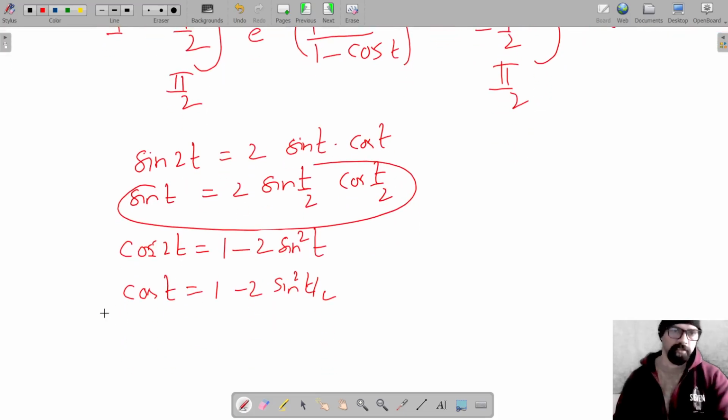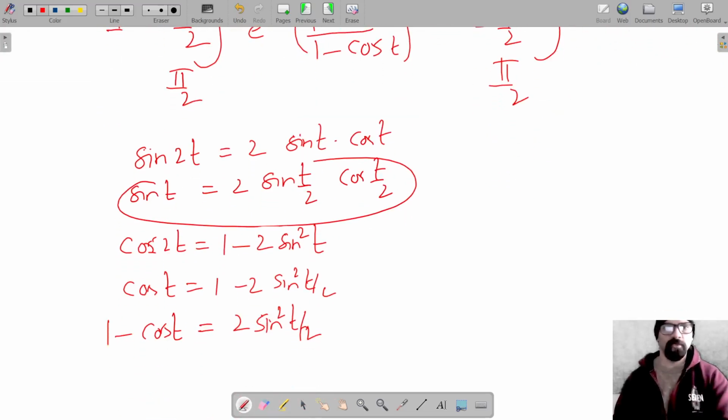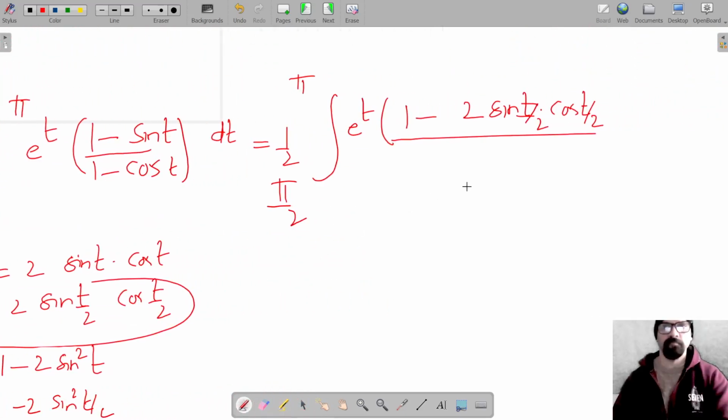And now I can write that 1 minus cos t is equal to 2 sine square t by 2. So this is now 2 sine square t by 2 into dt.